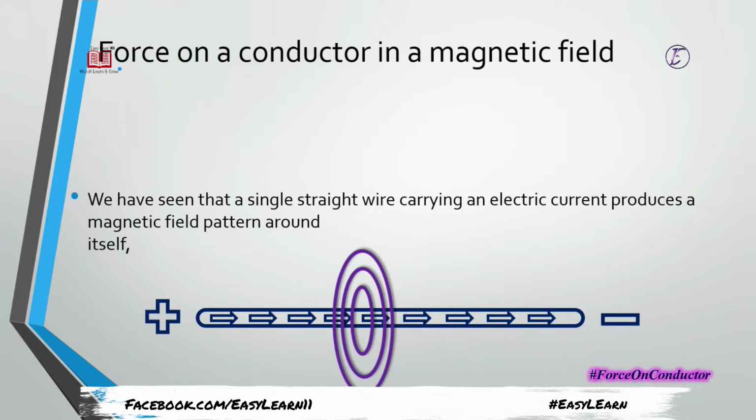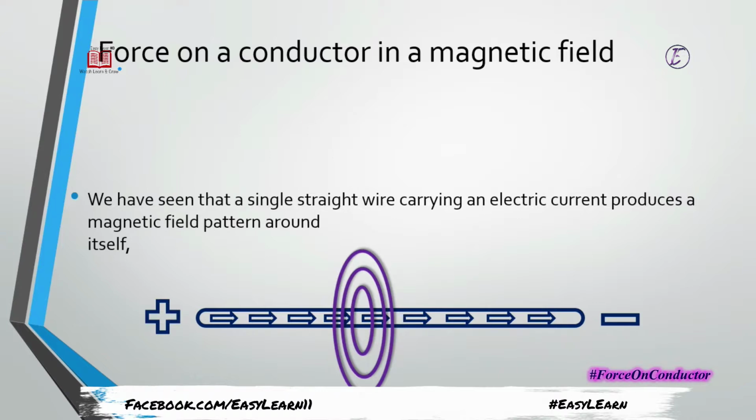The magnetic field that is produced around this current carrying wire is basically due to the electric current flowing in the wire, and this is very small, and it is generated automatically when the current is flowing through the wire, and it depends upon the intensity of the current.